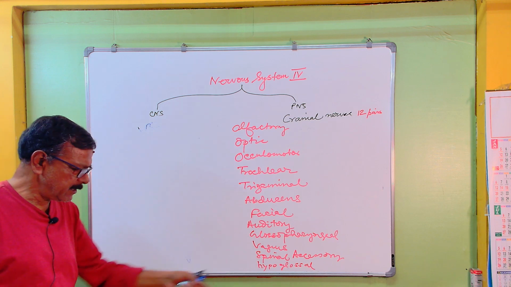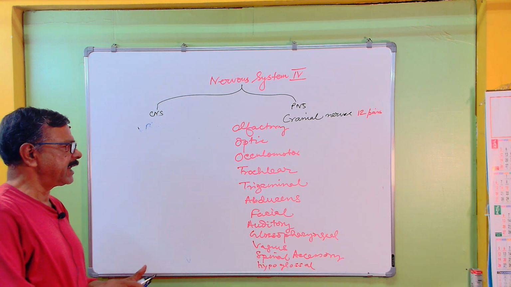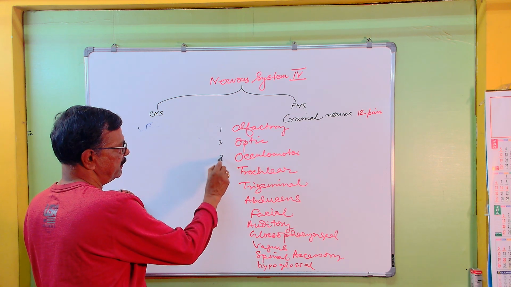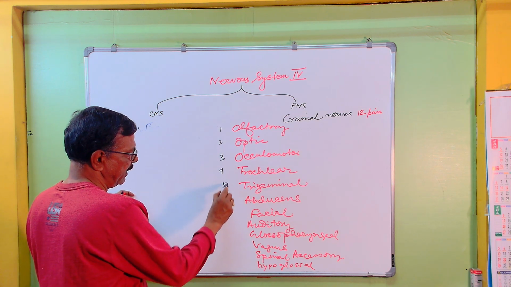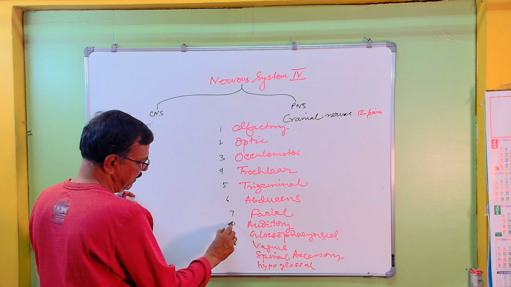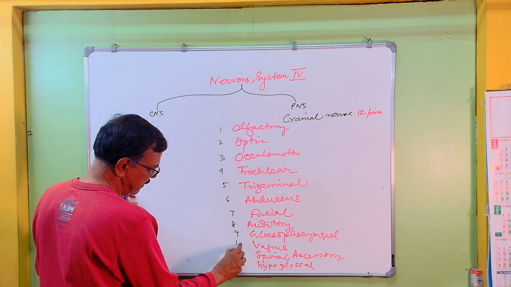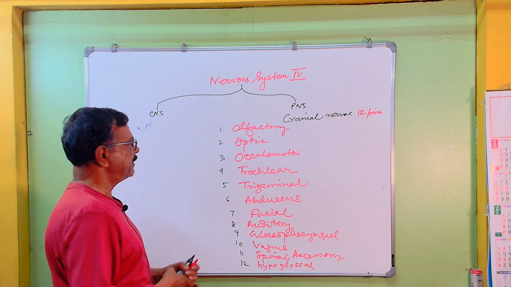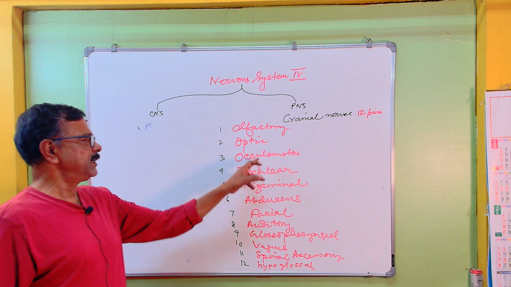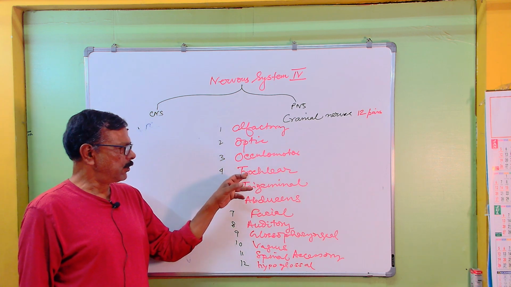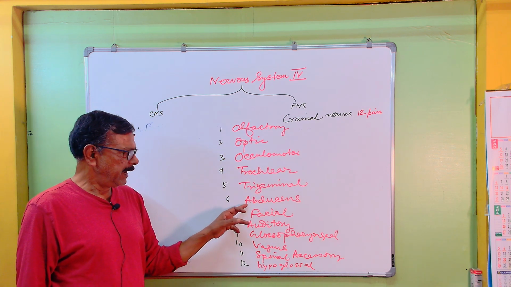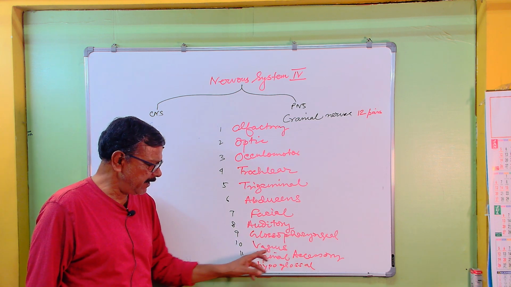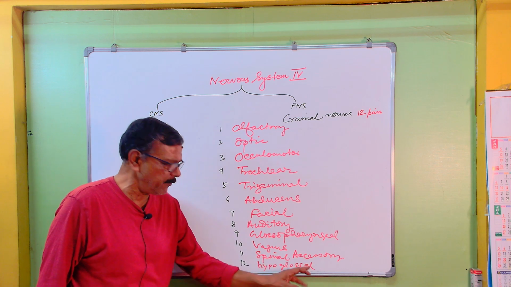These are the 12 pairs of cranial nerves which arise from the cranium. Number 1, 2, 3, 4, 5, 6, 7, 8, 9, 10, 11, 12. What are the names? Olfactory, optic, oculomotor, trochlear, trigeminal, abducens, facial, auditory, glossopharyngeal, vagus, spinal accessory and hypoglossal.